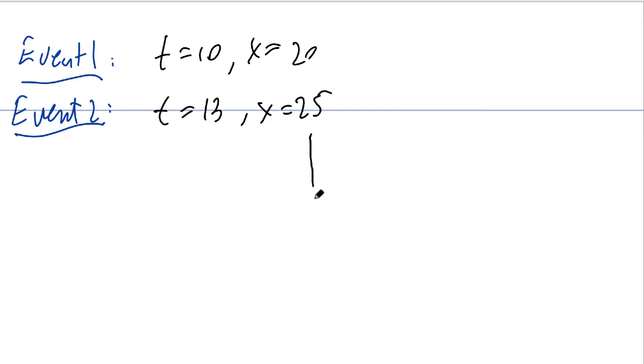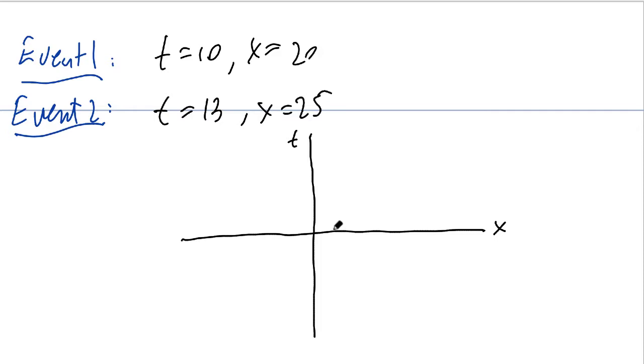Let me draw these events on a space-time diagram. t equal 10, x equal 20 is, say, right here. And t equal 13, a little bit more up the t-axis, and 5 more units along the x direction. So here's event 1, and here's event 2.